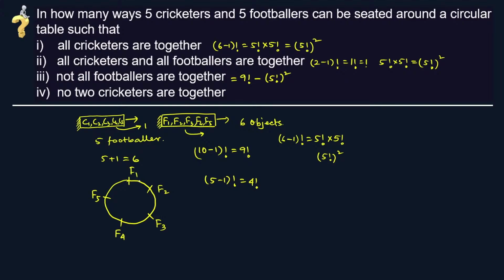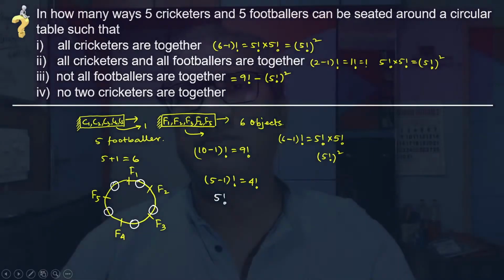Now, there are 5 seats in between those 5 footballers. So in these places, the number of ways in which 5 cricketers can be placed will be factorial 5 different ways. Same logic. The moment the footballers take their place, the in-between places are identified.